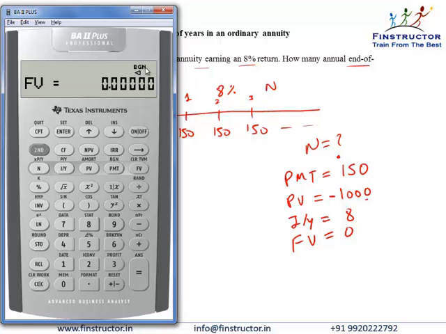We see BGN flashing, that is, we haven't yet reversed the mode of the calculator. So press second and press PMT. We see BGN written. Our payments are now being withdrawn at the end of every year, so we'll press second and set, change it back to the end mode, clear out, and then compute N. So with $1,000 of savings at 8% rate of interest, I can withdraw $150 for approximately 10 years, or 9.9 years.